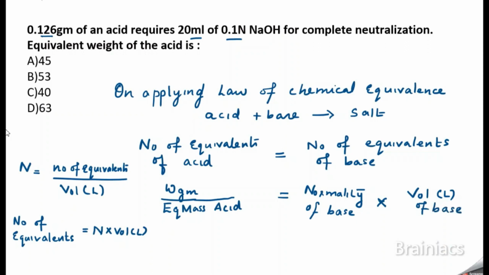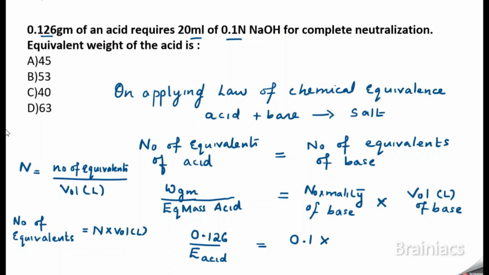Now weight in gram, we know it is 0.126, and equivalent mass of the acid is equal to normality, how much it is given? 0.1 multiplied by volume of the base, that is 20 ml.